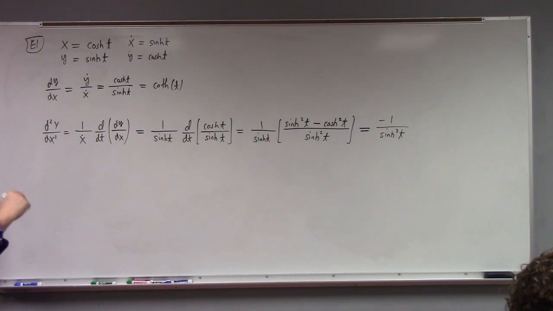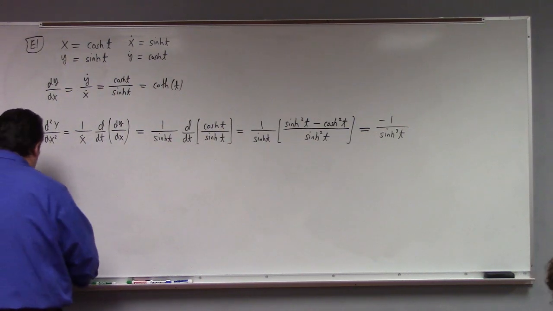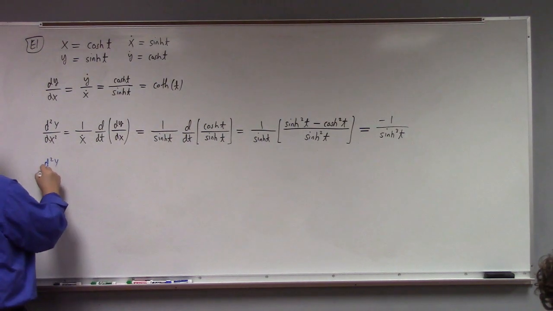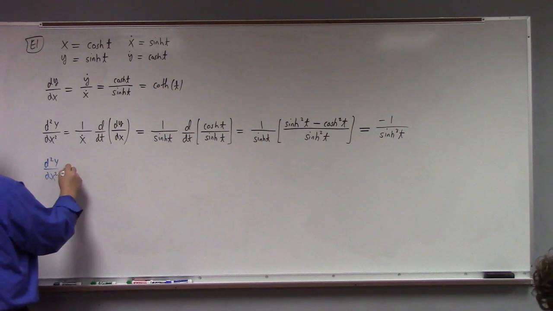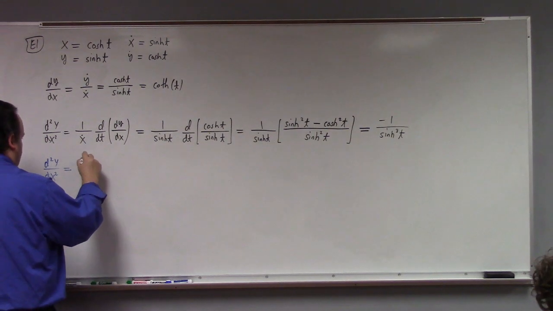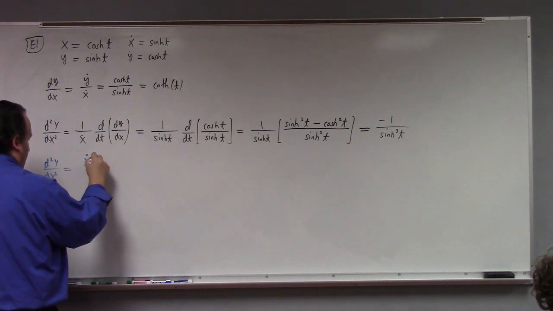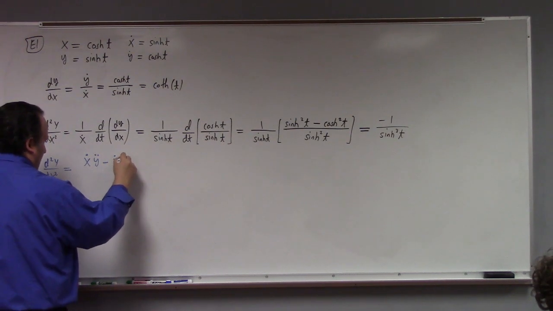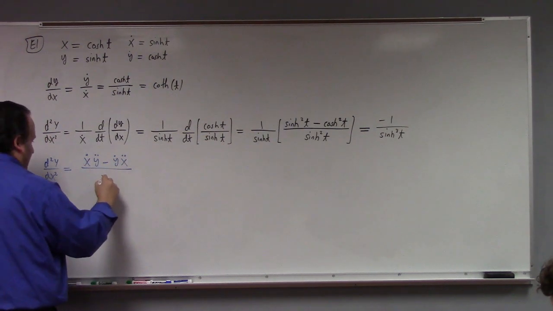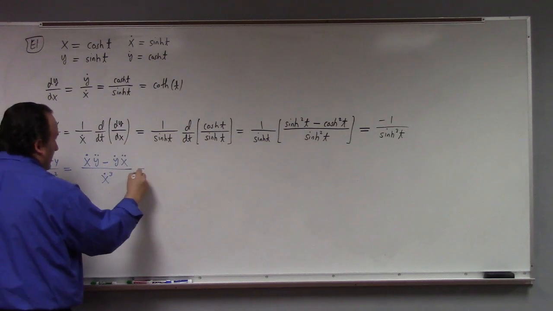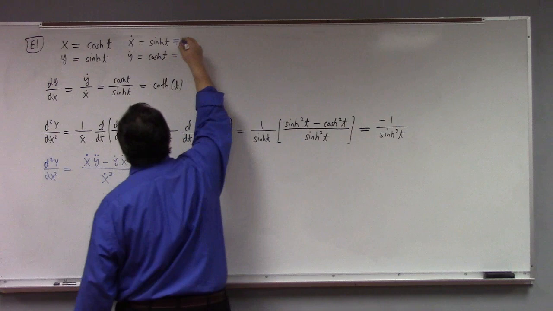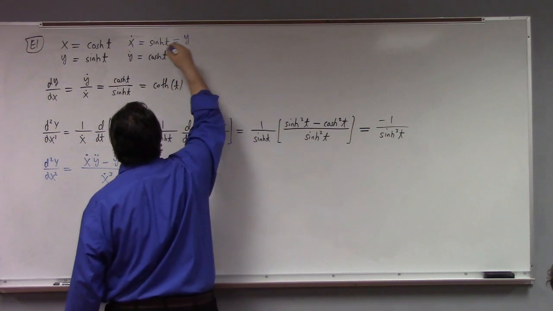Now, alternatively, you could use the boxed formula. How would that go? x dot y double dot minus y dot x double dot divided by x dot cubed. Let me do some things up here. What's sinh t equal to? It's y. What's y dot equal to?